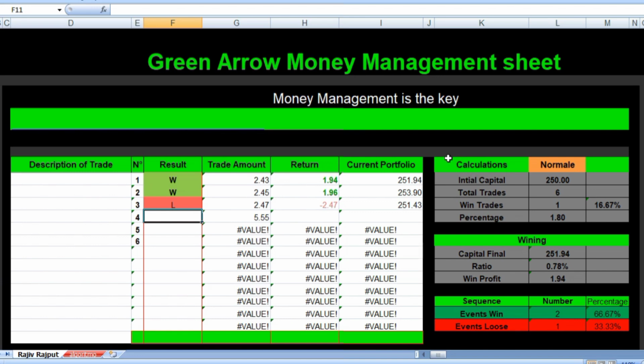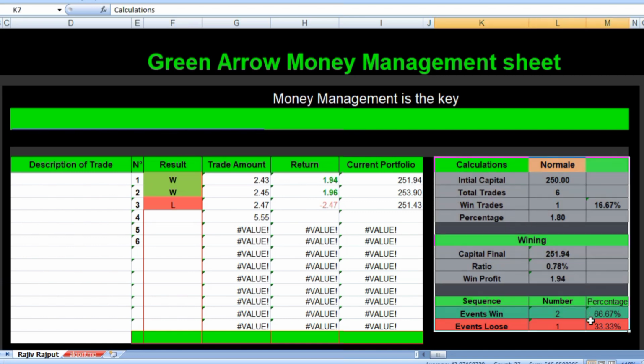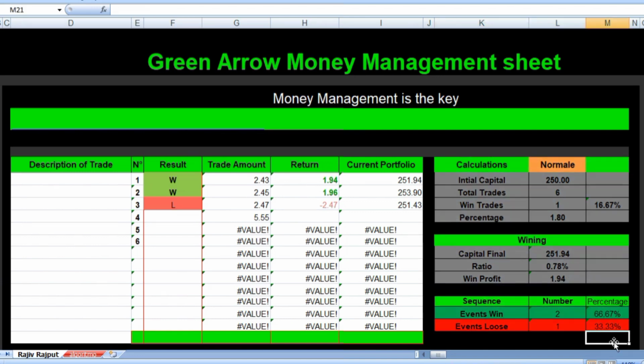So these are the panels of this money management sheet, and this is not too tough. If you just play a few minutes with the numbers and with the martingale ratio, then you will get the overall idea. Now we are going to understand the results and these amounts, whatever the work of these calculations.